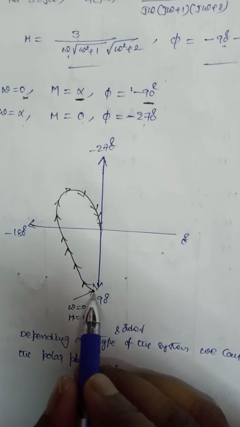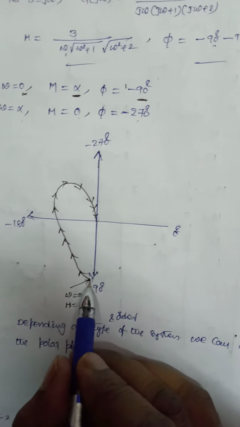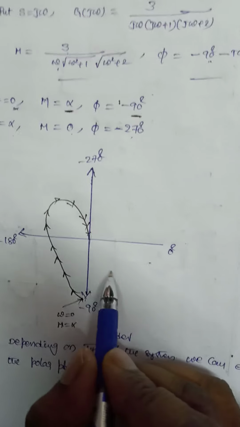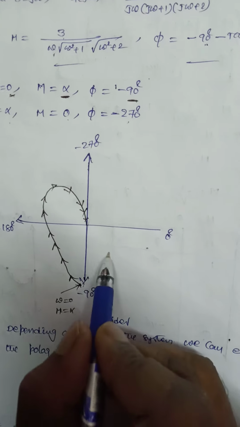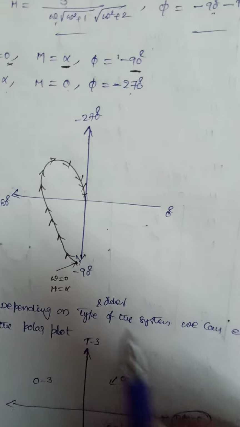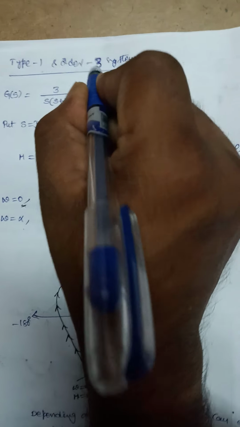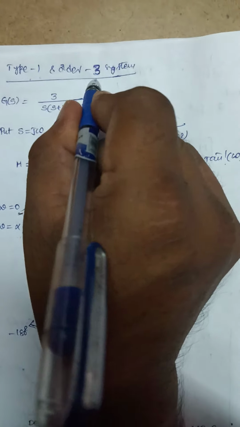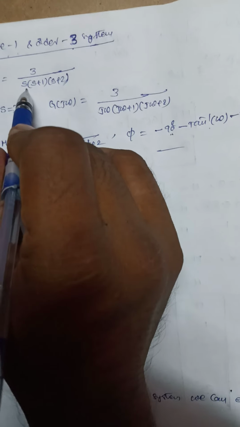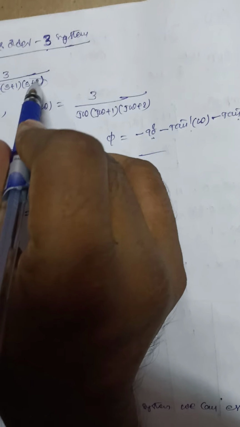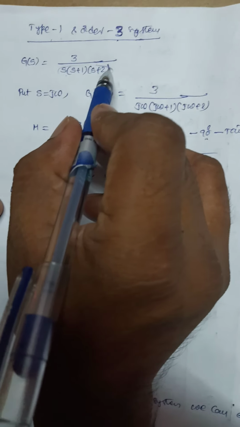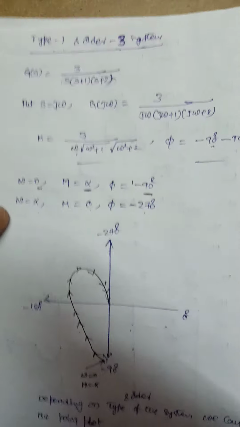Next, type 1 and order 2 systems here. This type 1 system will start here. So it is not an order 2 system, it is an order 3 system, type 1 and order 3 system. Why? Because here it is s into s squared, so the highest polynomial degree in the denominator is 3 here, so it is an order 3 system.